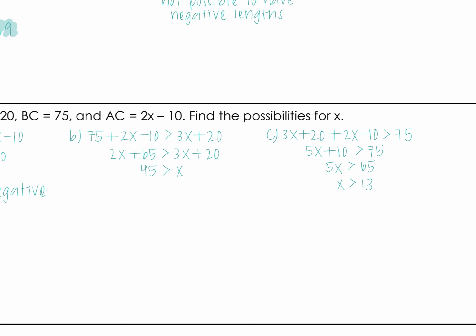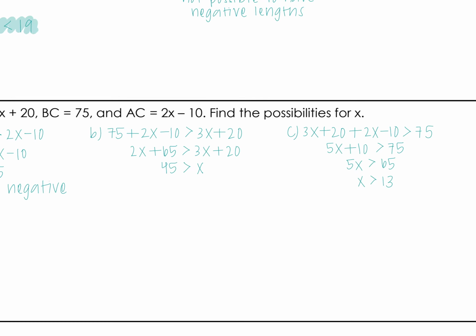All right, so remember scenario A did not work, but with scenario B and C here, we got that my x is going to be greater than 13. Okay, so we're going to start off with my 13. We got x is greater than 13, but it's going to be less than that 45. Okay, so then this right here would be my final answer for question 7.